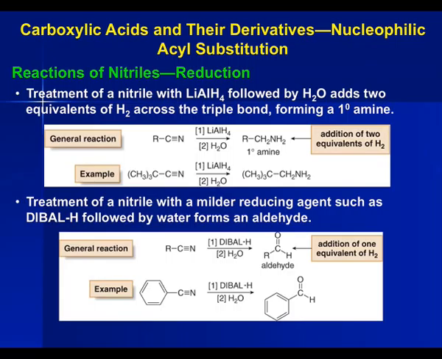Some of the other carbonyl, quote unquote, containing functional groups, right? Like nitriles, although there's not a carbonyl, they still are in the same family because of the oxidation state of the carbon. You can reduce the nitrile to the primary amine using lithium aluminum hydride. We're adding 2 equivalents of hydrogen across the pi bonds. Lithium aluminum hydride is that source of hydrogen.